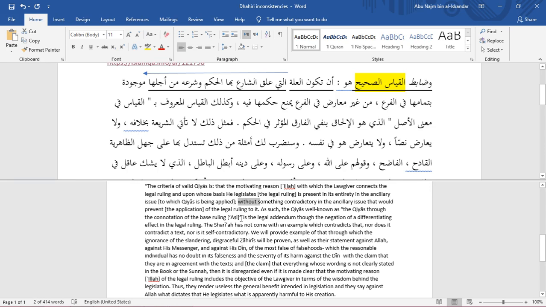That means the ma'na of the asl, which is what I was just explaining. The qiyas is the analogy that's being applied to a second issue based off of the concept and the notion and the significance and the connotation that's in the original ruling. Okay.